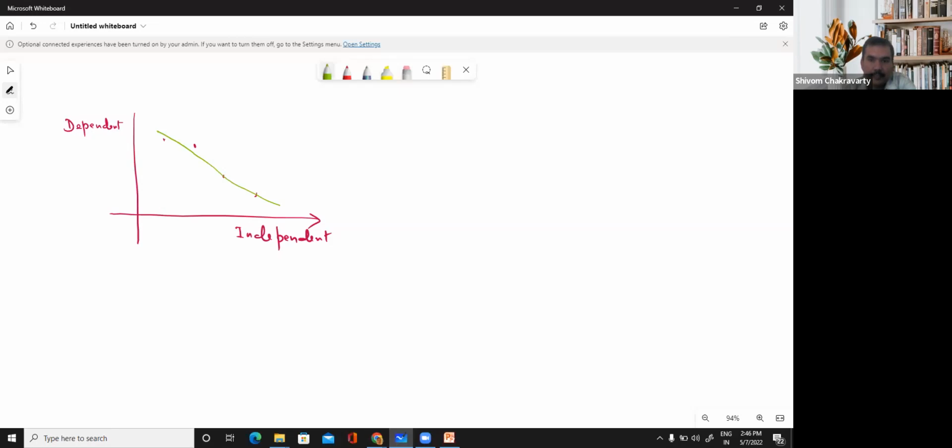So if there are say three independent variables, the equation will look something like this. x1 is one independent variable, x2 is another independent variable, and x3 is another independent variable. Plus there could be a constant.